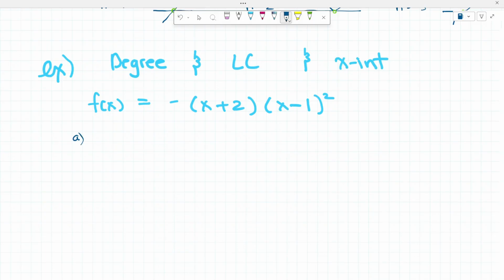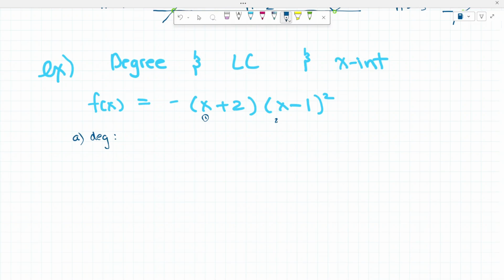So part A, what is the degree over here? Well, here we have to count all the occurrences of x, or basically look at the largest power of x if it were to be in standard form. Since it's factored form, we see we have 1x here, and then we have another x here, but it's a double root, so that counts as 2.